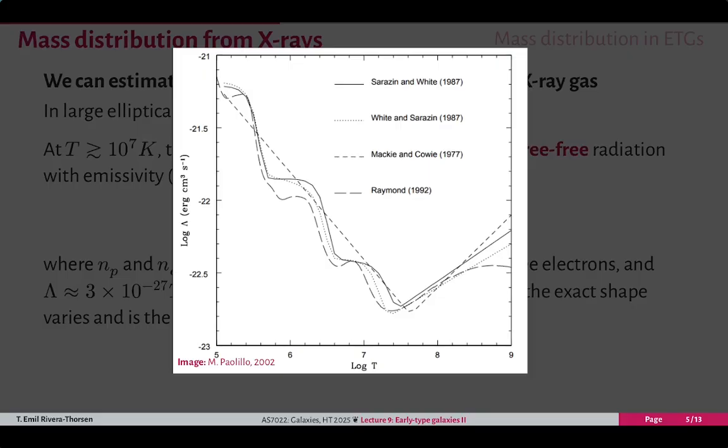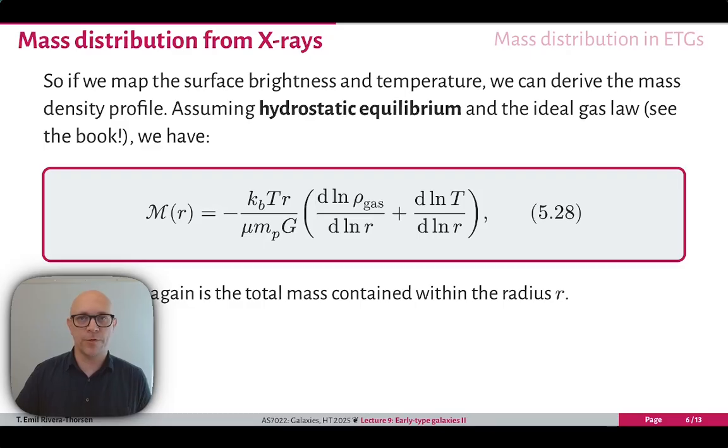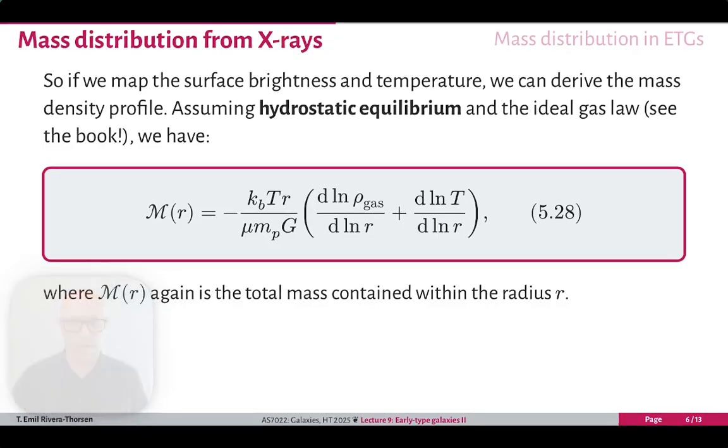Here is an example of various X-ray cooling functions. This is as far back as 2002. I believe the field has moved a little bit since then, but you can see here that they follow the same basic shape, but there is also some quite significant variation between these various cooling functions. And so if we map the surface brightness and the temperature, we can derive the gas mass density profile. Assuming hydrostatic equilibrium and the ideal gas law, we can get this function here. And it is, as you can see, again derived in the book.